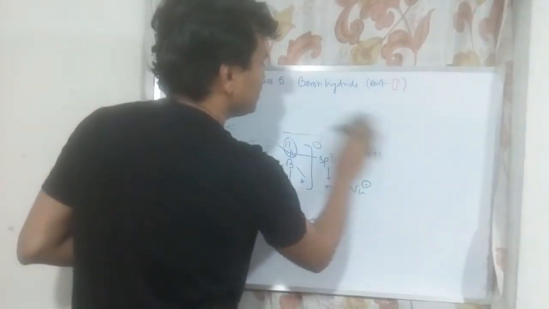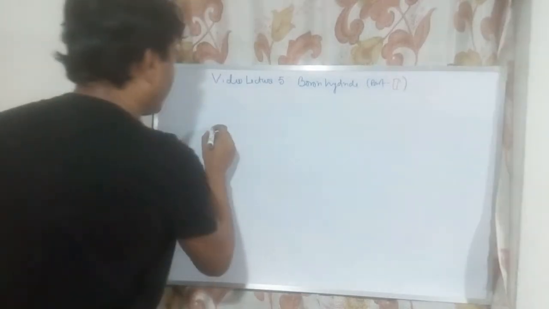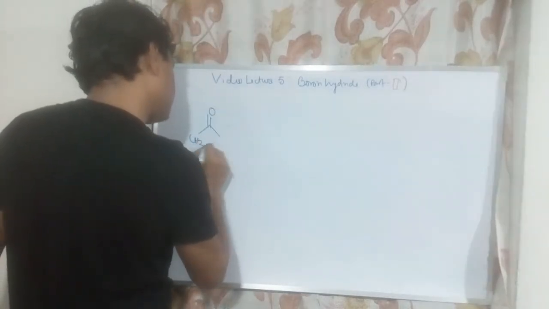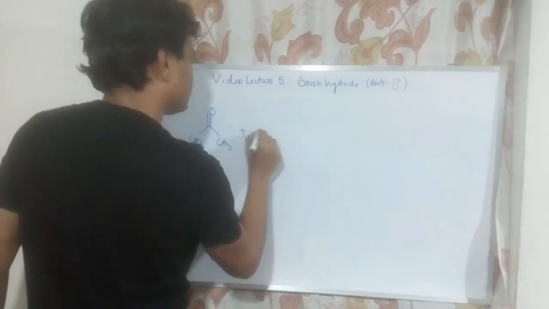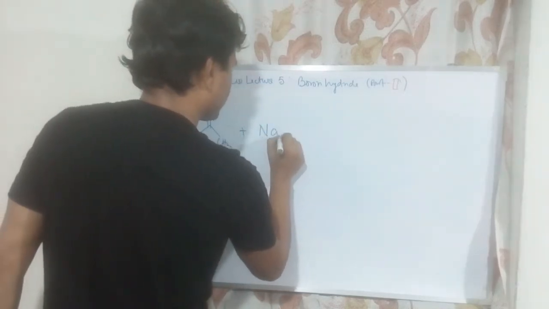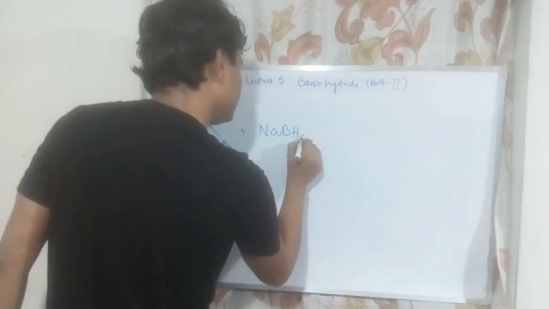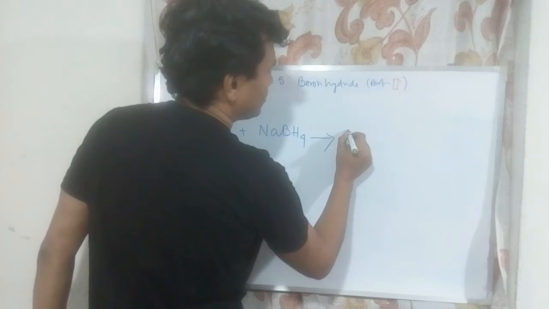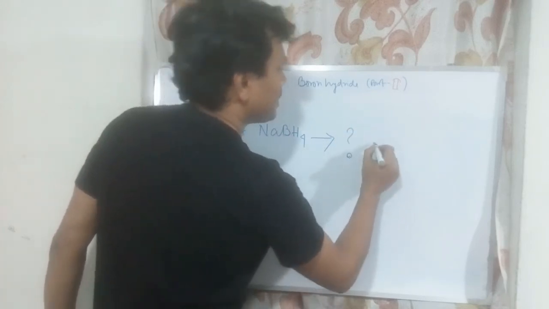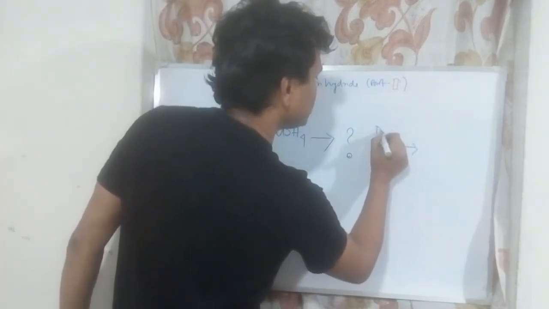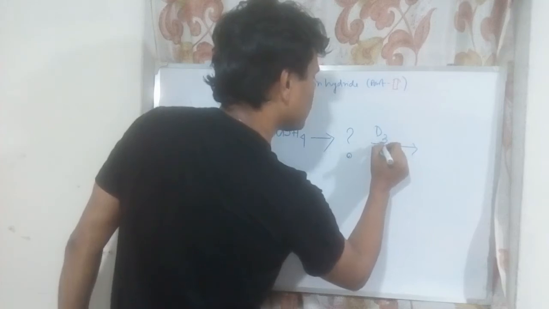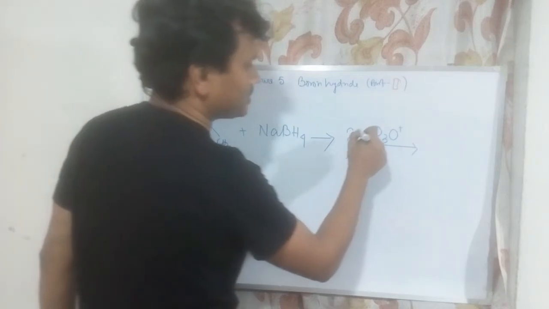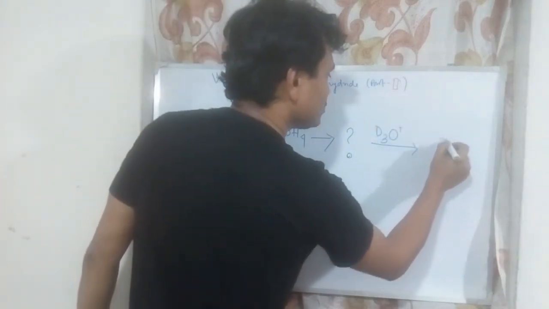Let's discuss some questions in this context. For example, this is acetone plus sodium borohydride, and then reaction with D3O plus, to produce another product.